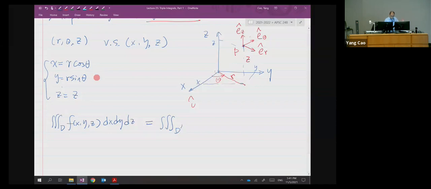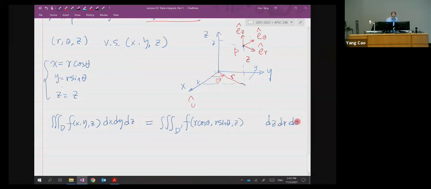Especially just like from XY to polar, in this case from XYZ Cartesian to cylindrical, the region D will be kept exactly the same shape. Okay, so even though we call it D prime. So what we do is we're going to replace the X with R cosine theta, replace the Y with R sine theta, and Z we're going to keep as it is, as Z. Then instead of doing dx, dy, dz, we will do dz, dr, d theta.